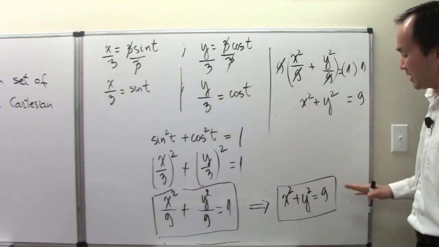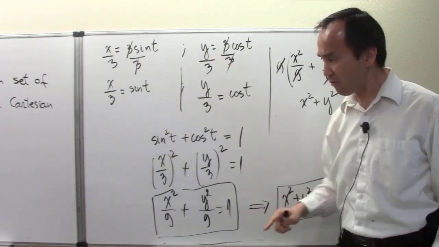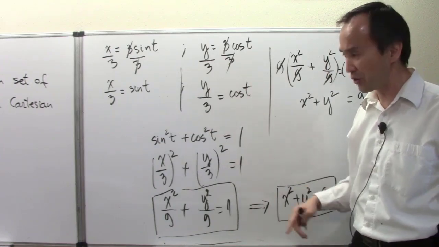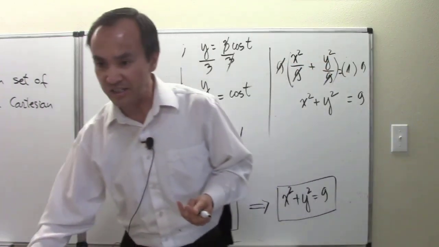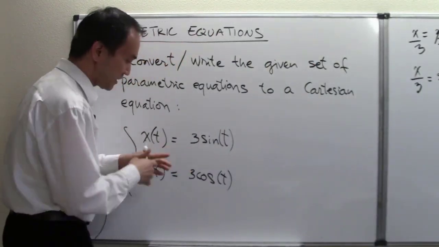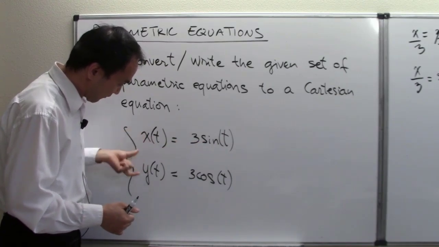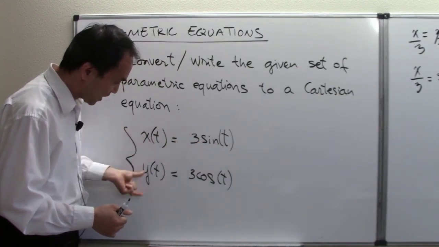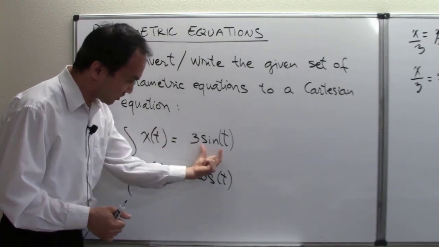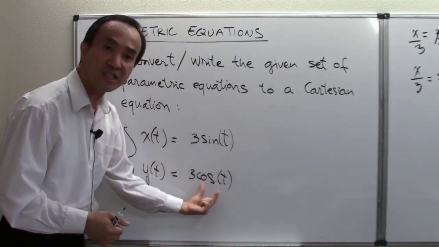Okay, but from this experience right here, allow me, on the same example, same problem, to show an alternative solution. The observation here is that right from the beginning, it has that form where x of t equals one of the two trig functions, there's a sine here, and y of t equals cosine, the other trig function.